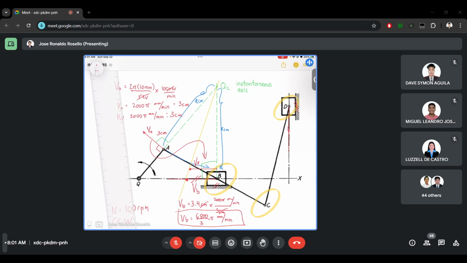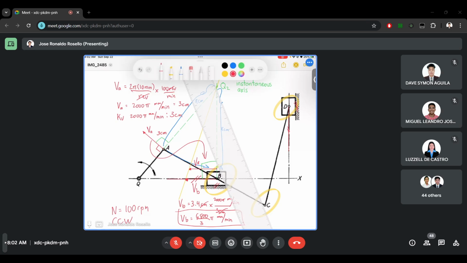So meaning, if the instantaneous axis of point A and point B is Q2, Q2 is also the instantaneous axis of point C. So let's just connect Q2 and point C. I'll make an imaginary line here, going to C.